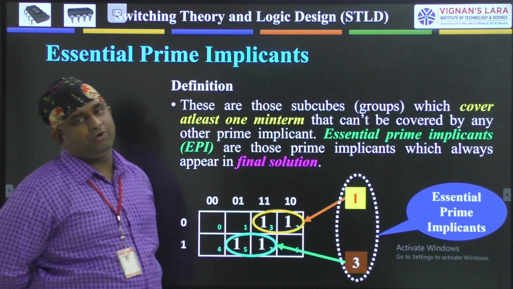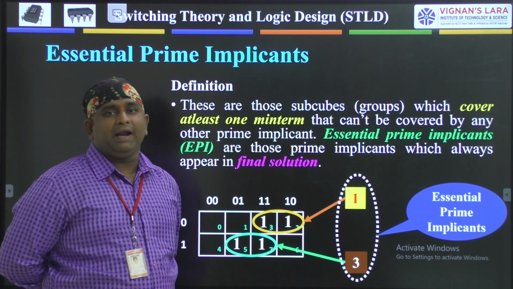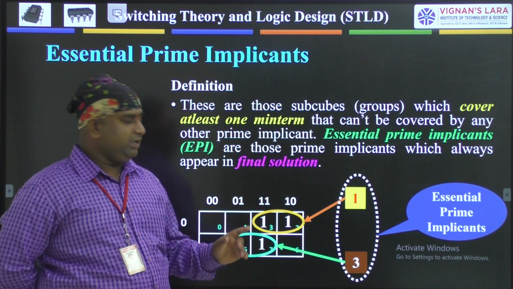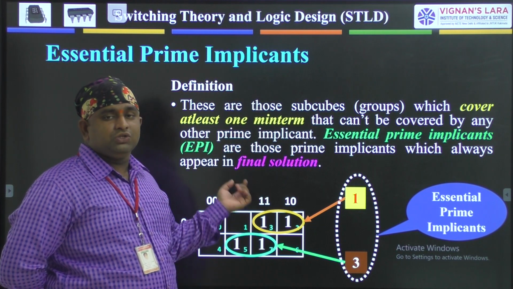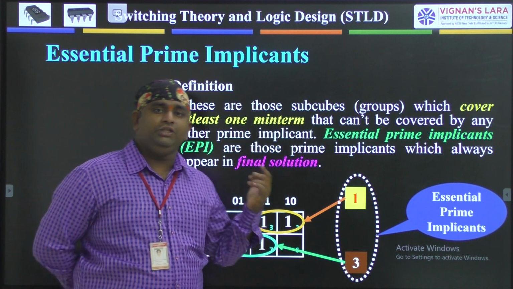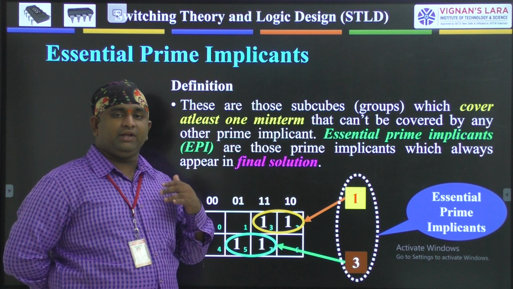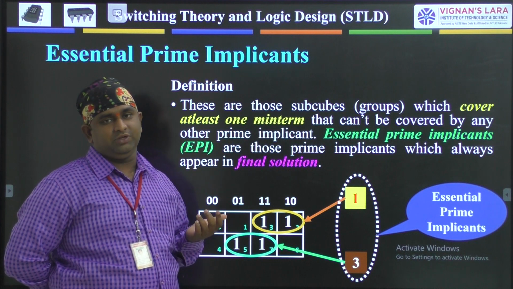It is a very simple concept. All possible groups are called prime implicants. For essential prime implicants, the condition is that each term should be covered at least once. There is no necessity of covering each element two times, three times, four times.